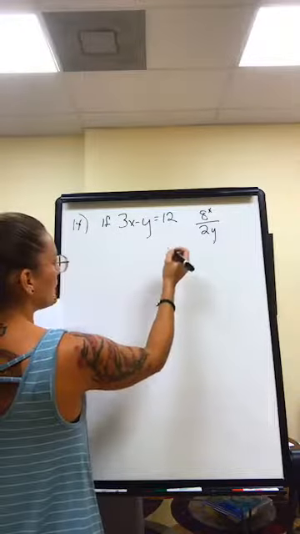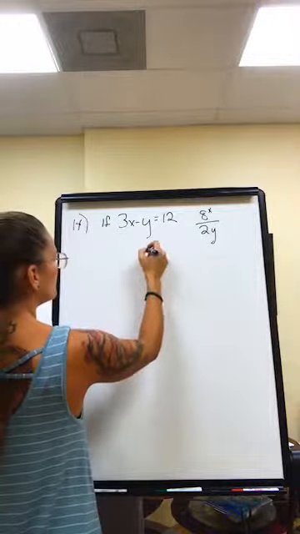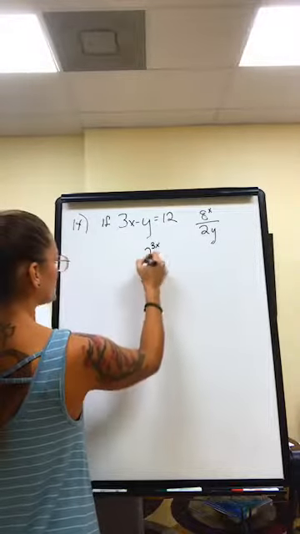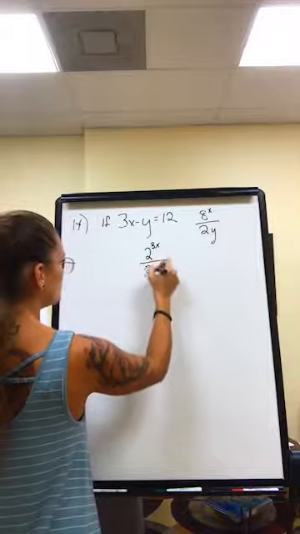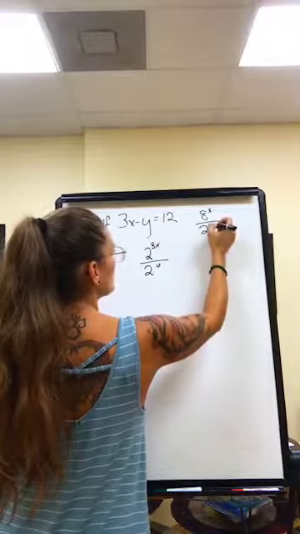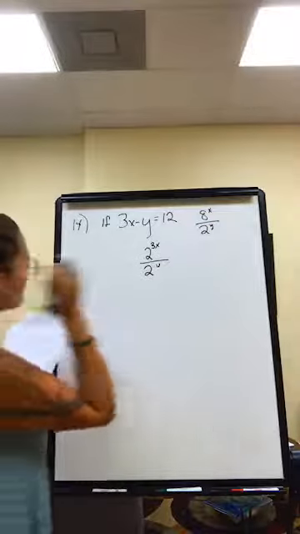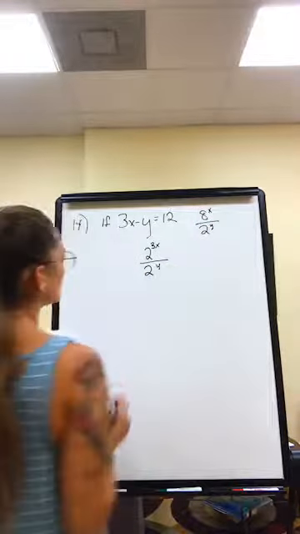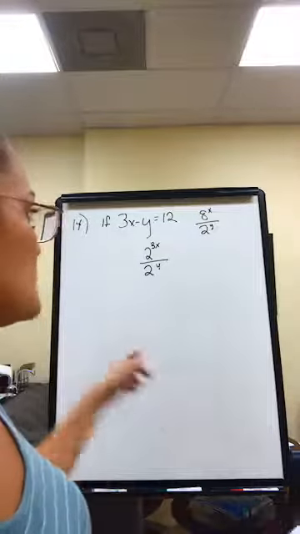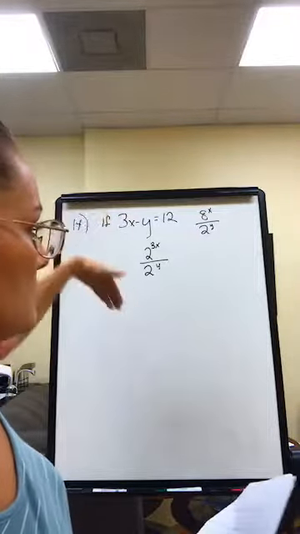So that 8 to the x on the top is going to turn into 2 to the 3x over 2 to the y. Sorry, I wrote that down here. It's supposed to be an exponent. All right, so we have two exponents with the same base, divided by each other.